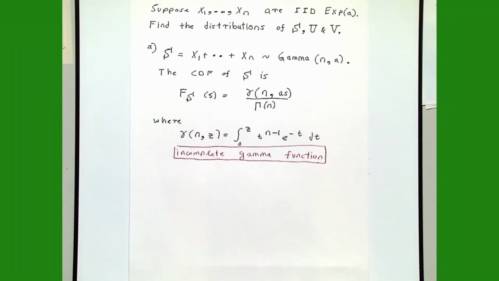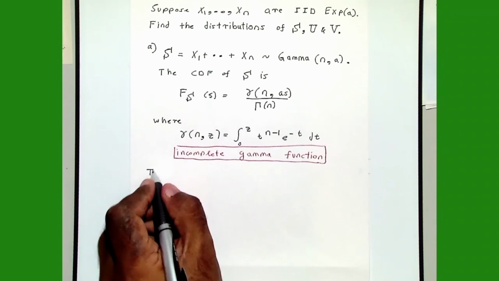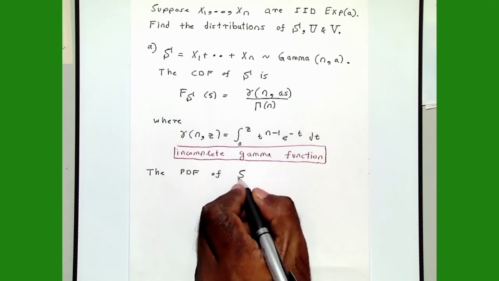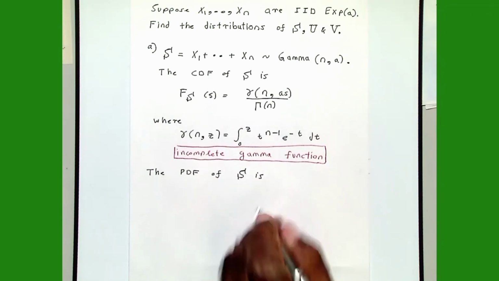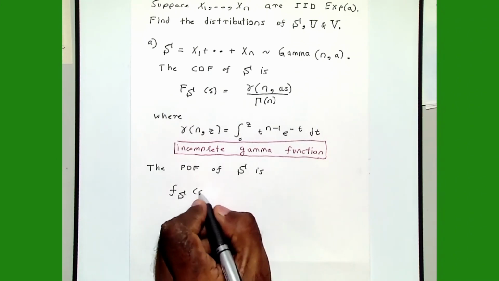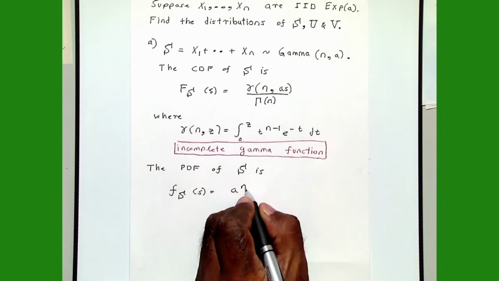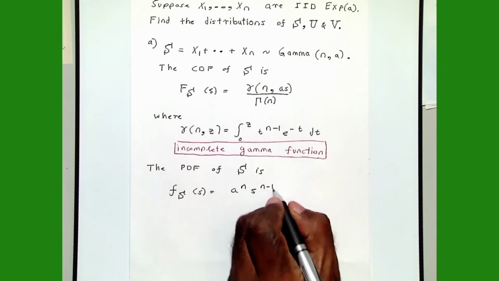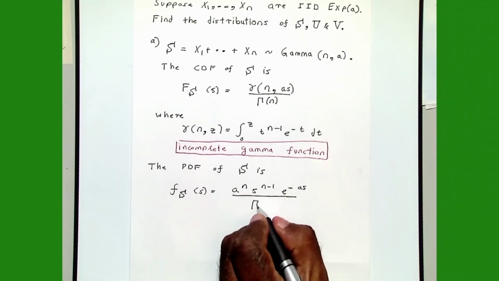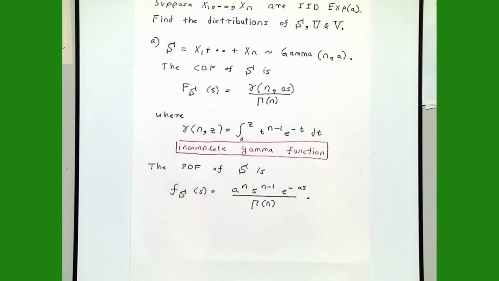And the PDF of a gamma variable with parameters n and a is the following. It's a raised to the power n, s raised to the power n minus 1 divided by gamma at n. If you've done the gamma distribution in year 1 or year 2, you will know this, right? So that's for variable A.